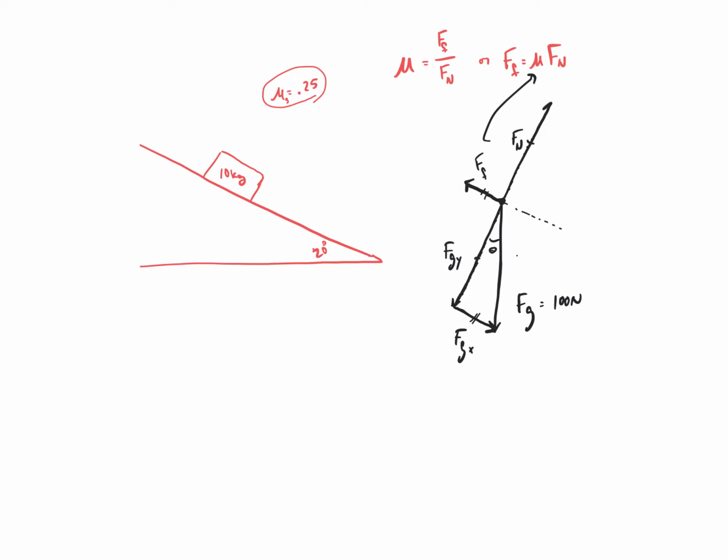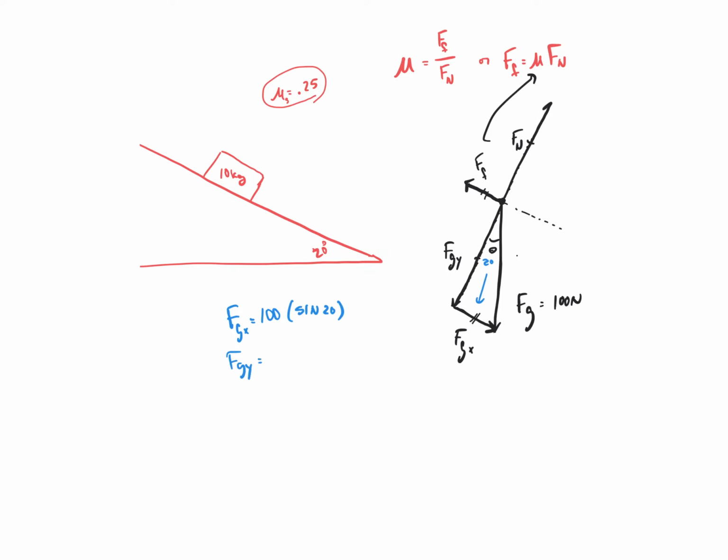Real quickly, using trig, I know that if my angle here is 20, FGX is opposite that 20, so I'm going to use the sine function. So FGX is equal to FG, which is 100, times sine of 20.